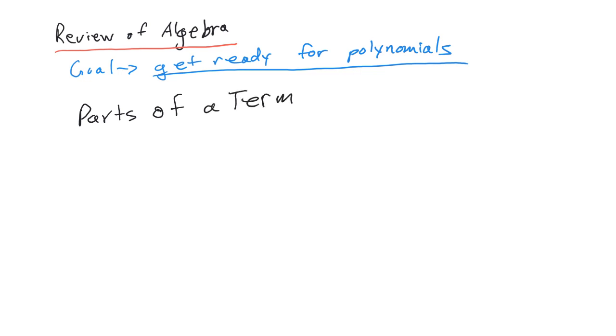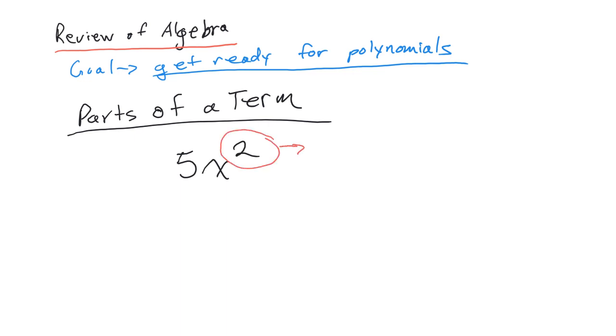All right, so when we have the parts of a term, let's say I have 5x to the, say, 2, okay? Now, this part here is called the exponent part of a term. This part here, this letter part, I'm going to put it in blue. This is called the variable.